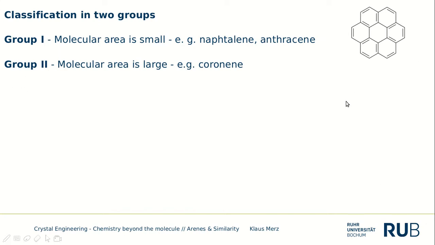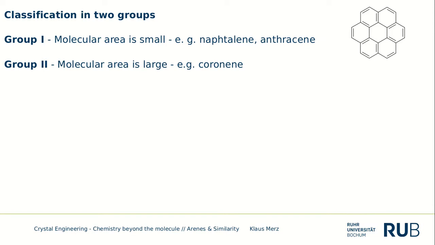you can classify the polynuclear hydrocarbons in two groups. First group, molecular area small, for example naphthalene, anthracene, we have shown on the slide before. And the second group, molecular area large, like coronene, shown here.